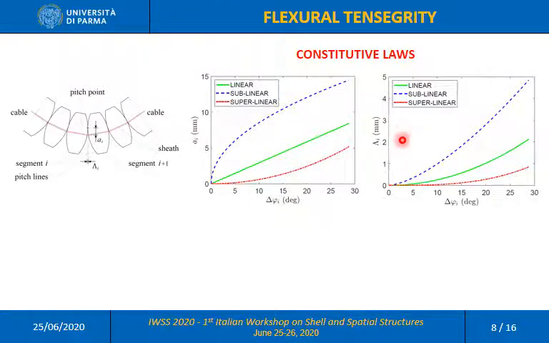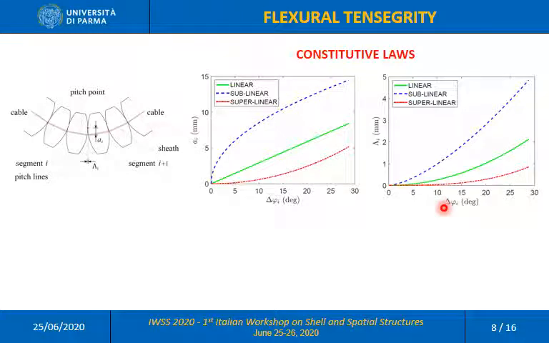And we have considered three cases in which this relationship is either linear, as represented in green, or sublinear, as represented in blue, or superlinear, as represented in red. Remarkably, a_i as a function of delta phi_i is the first derivative of a function lambda_i as a function of delta phi_i.